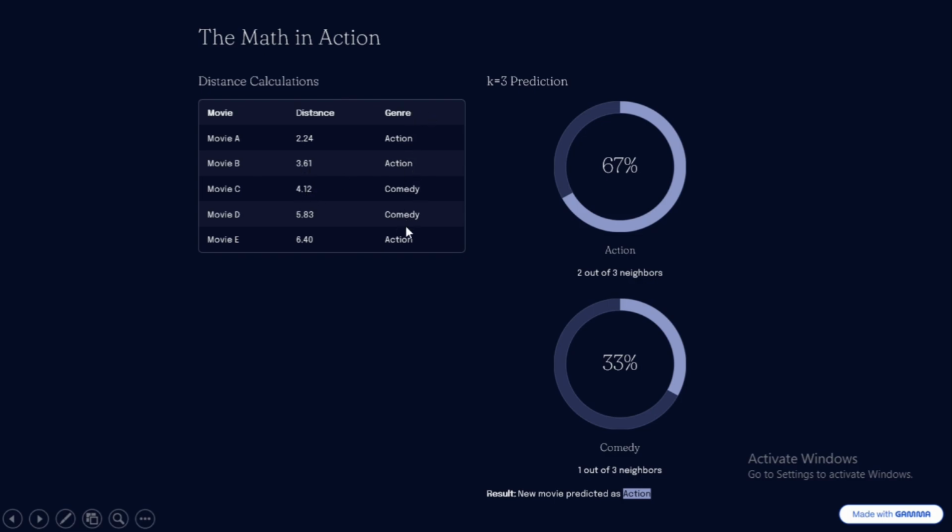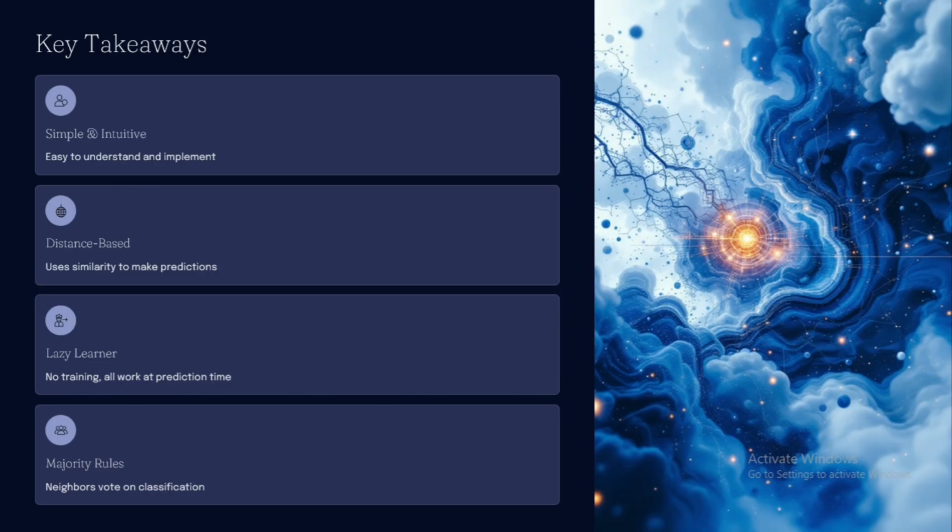Notice, smaller distance equals higher influence. k equal to 3 focuses only on nearest points. 67% action, 33% comedy. This is why action wins. This table visually proves that math supports intuition. Now, this was that one table which proved it all.